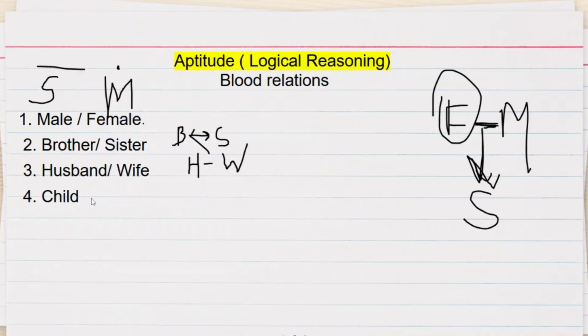For a child, I will use a down arrow. Giving an example, let's say we have a husband and a wife. Wife, obviously a dot; husband, a dash. And they have a son, again a dash.